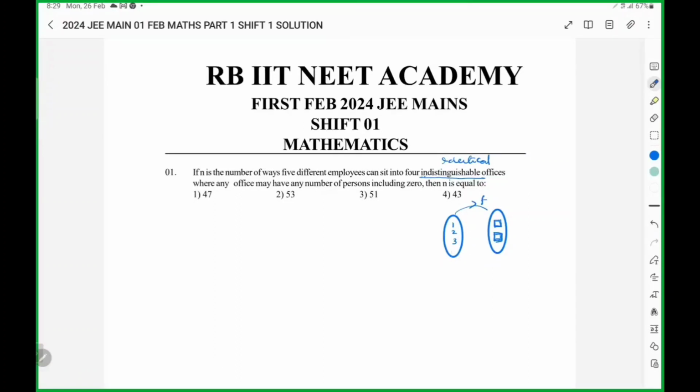How many ways are possible means the number of ways of putting 3 distinct objects in 2 distinct boxes so that no box is empty.